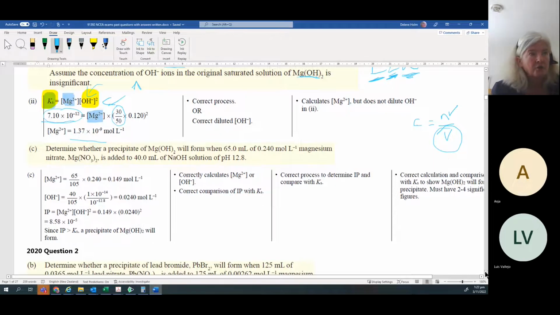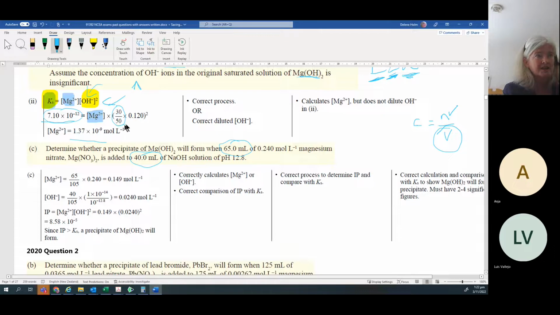And this is where you've got to work out when something is going to form a precipitate. And normally for an excellence level, it means there's lots of little tricks in this calculation. So here you've got not only a change in volume because you've got two volumes. Whenever two volumes are given and you're mixing them together, it means you've changed your volume, which means you've changed the concentration.